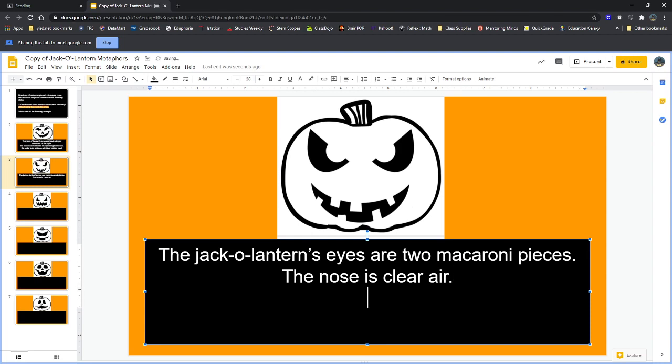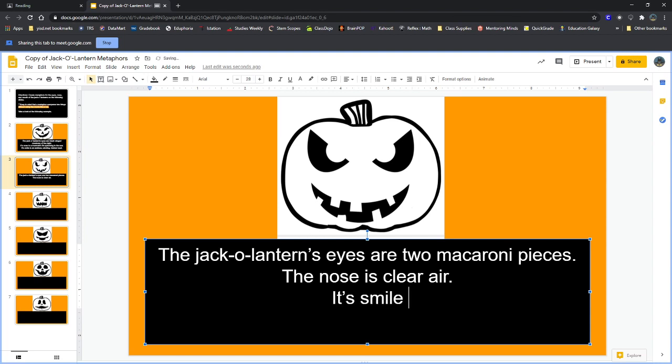What can I say about the smile? What does the smile look like? Alexa? It kind of looks like cheese, but that lost its pieces. Ah, okay. So like cheese that has some pieces taken out? Okay.